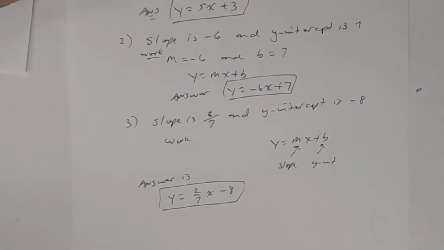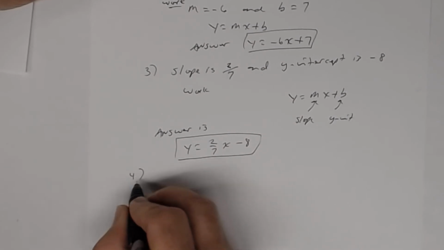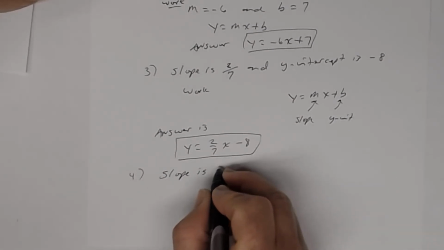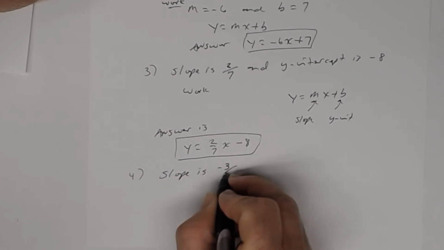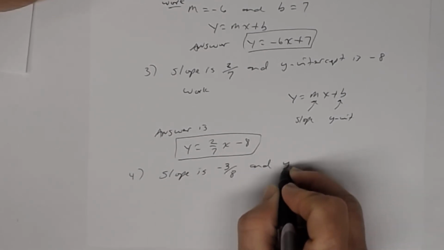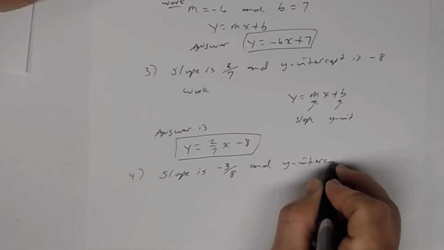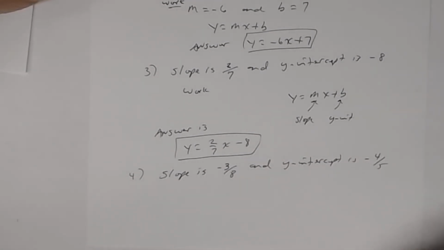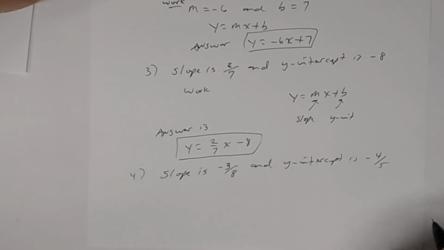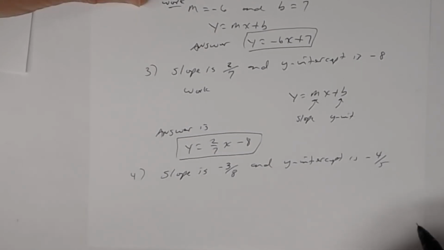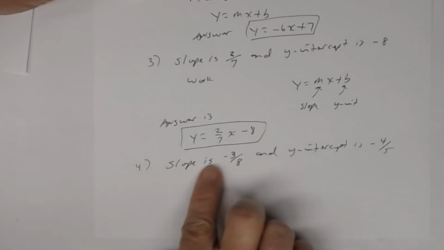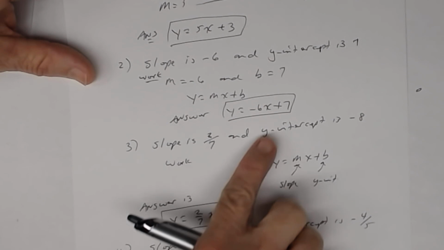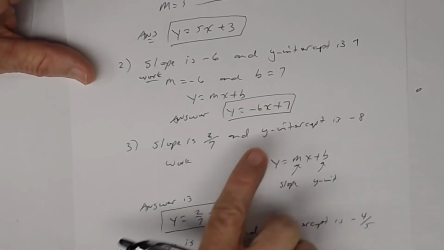All right, and then let's do one more, number 4. Suppose this time the slope is -3/8, and the y-intercept is -4/5. Notice in all these problems you were told the y-intercept, so that means you're given b.